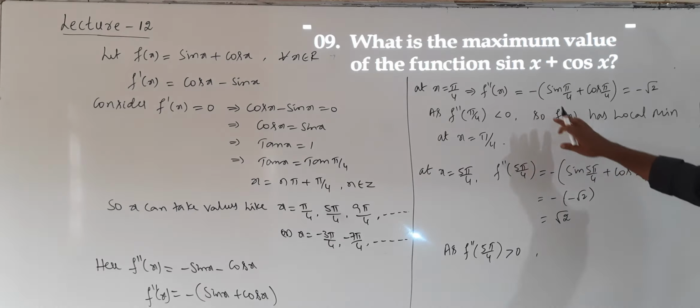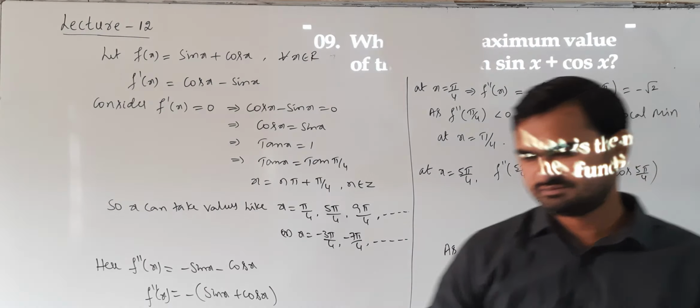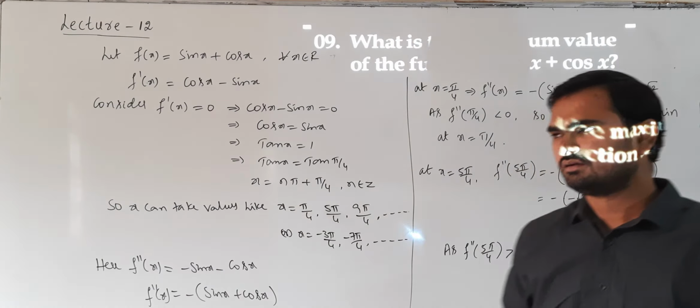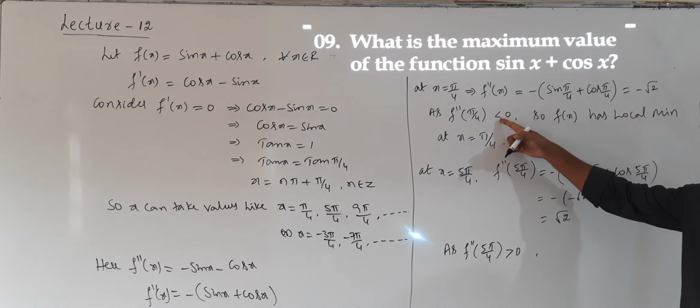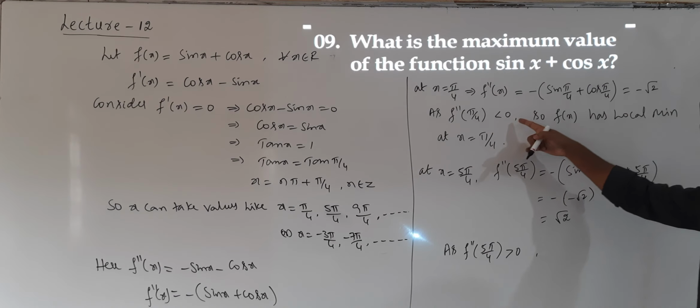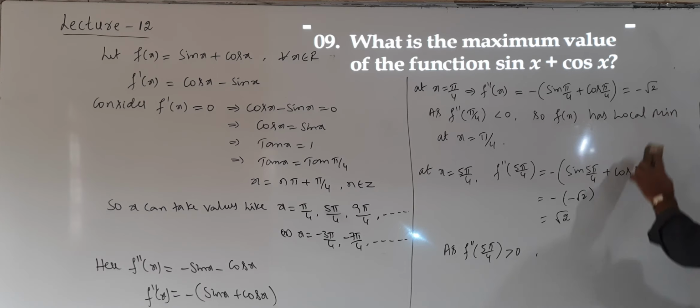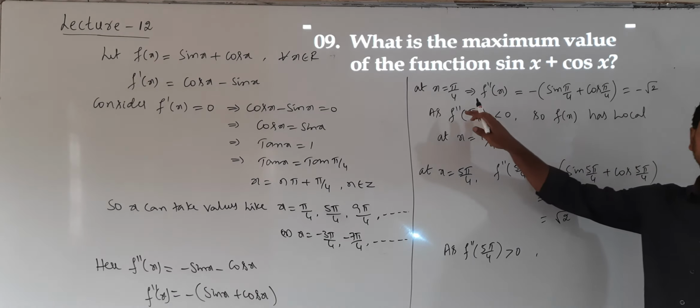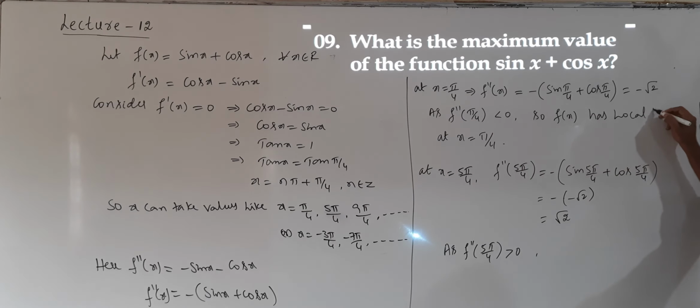Sorry, here there is a correction. Whenever the second derivative is negative, the function will have a local maximum.